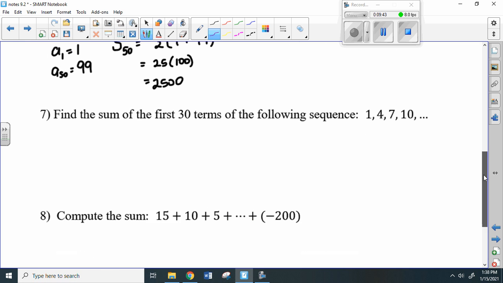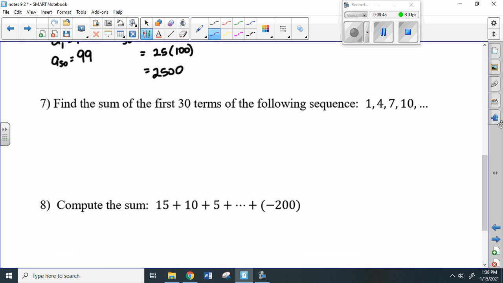All right, next problem. Find the sum of the first 30 terms of the following sequence. I told you I want the sum of the first 30, so n must be 30. Then I give you the sequence, from which I can certainly pick out a sub 1. But this time I don't tell you what the 30th term is, and I'm not going to sit there and figure it out either.